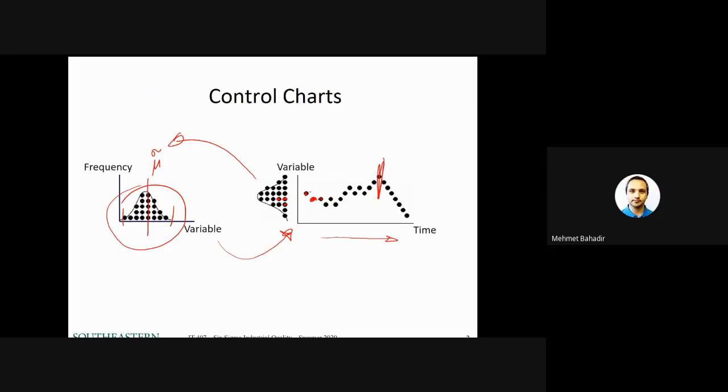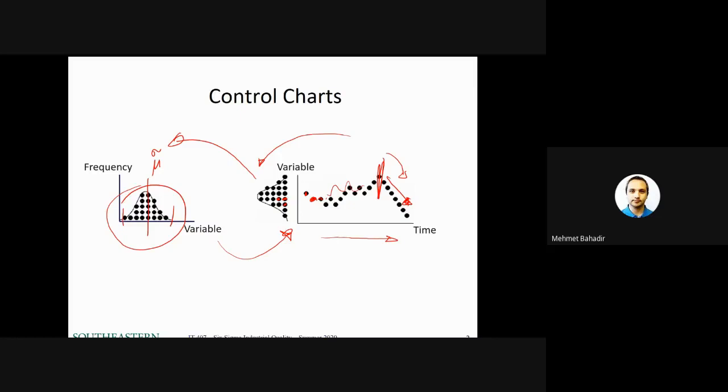The point values are going up and down, randomly changing, but after that time, all the data points started decreasing. So this is a very significant pattern that you need to identify. This pattern is not represented in that static data. It doesn't tell you what happened at that point in time.